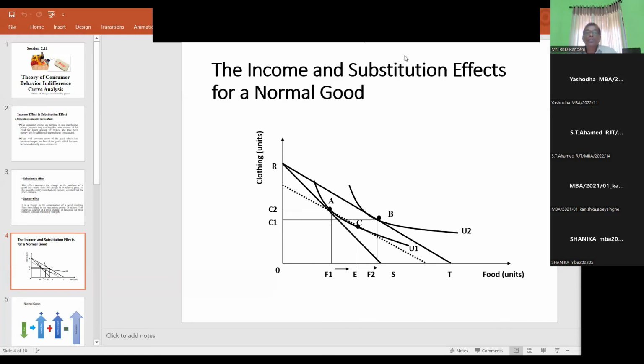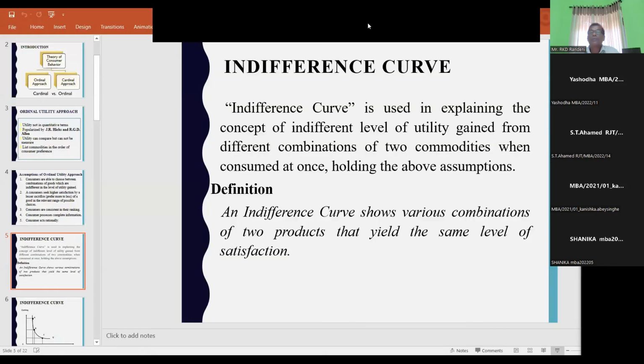You can't see the board, no? So your sharing is not visible. Somebody. Whatever. Okay.